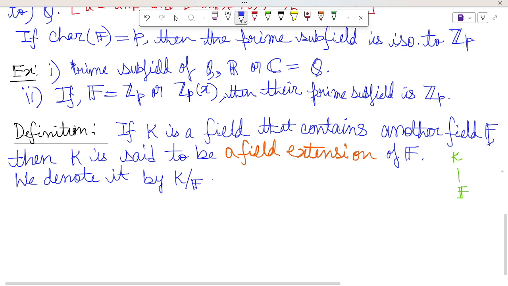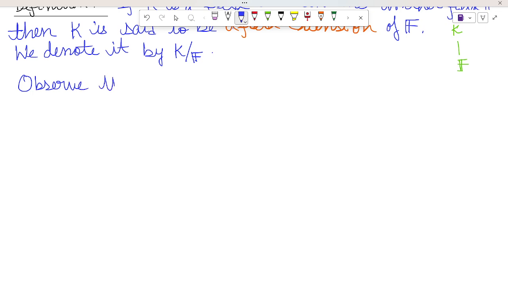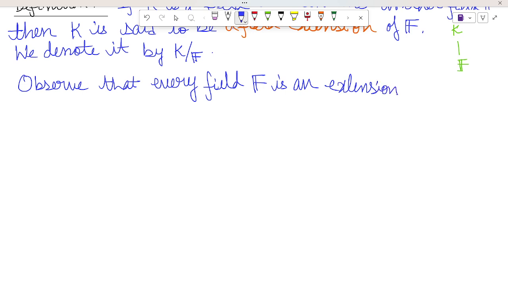So if you can see this, observe that every field F is an extension of its prime subfield.